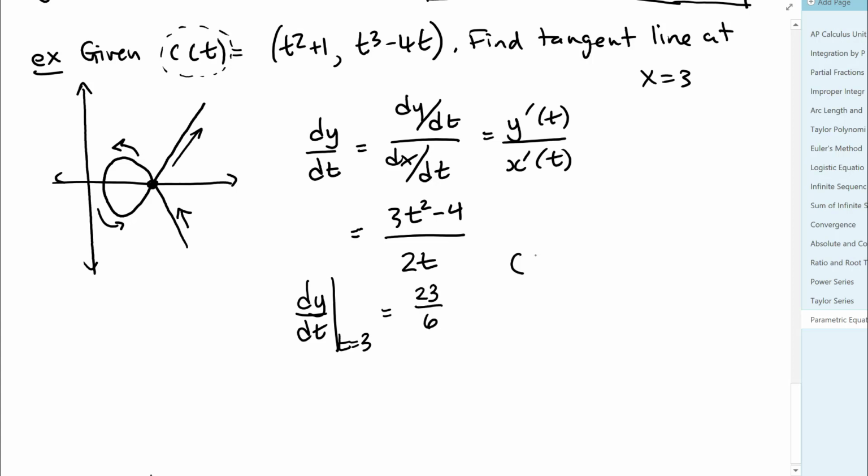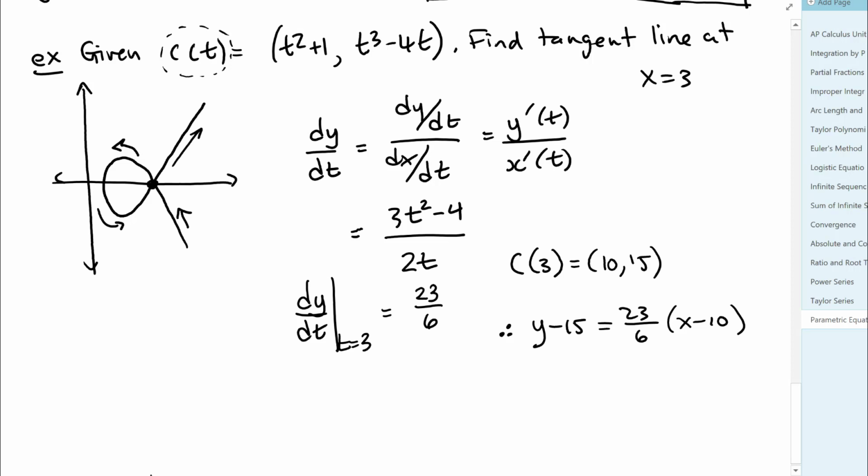And then, where is the location at t equals 3? Well, just simply putting it back into the original equation, I can find out that we're at the location (10, 15), and therefore I can get the tangent line equation. I'll just put it in point slope form for you. So y minus 15 equals 23/6 times x minus 10.